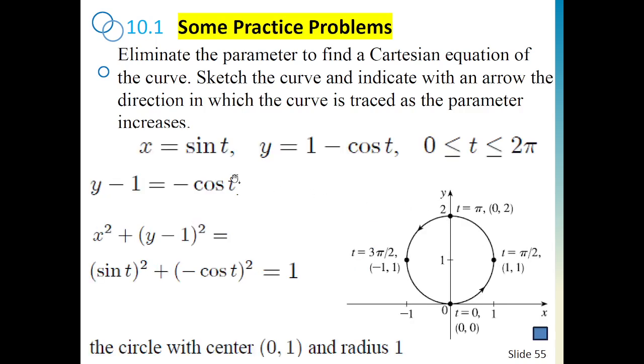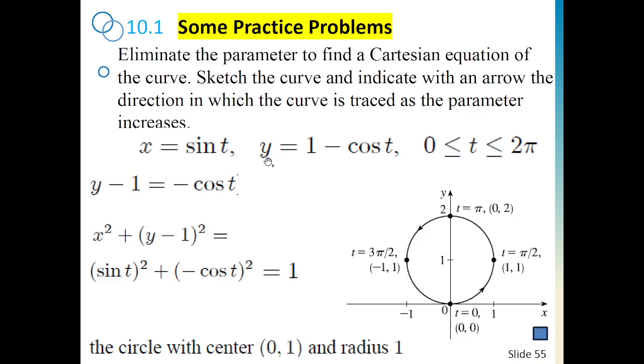Another cute example. So we have x is equal sine, y is equal 1 minus cosine. We know that sine square plus cosine square with the same argument is equal to 1. So we can rewrite this a little bit. So x is sine, that's fine. And then here we swap.